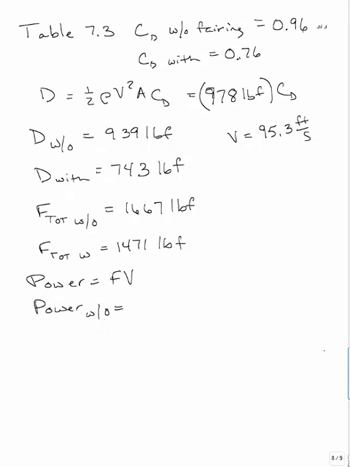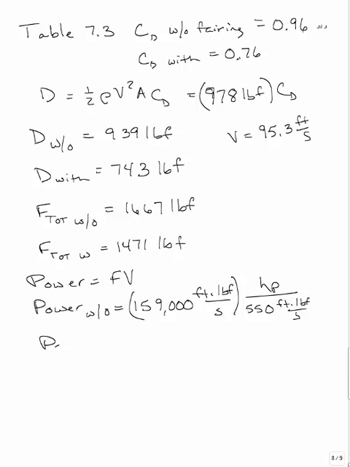Alright, so power without is going to end up being 159,000 foot-pound force per second. But we want horsepower, and the conversion is there's 550 foot-pounds per second in 1 horsepower.